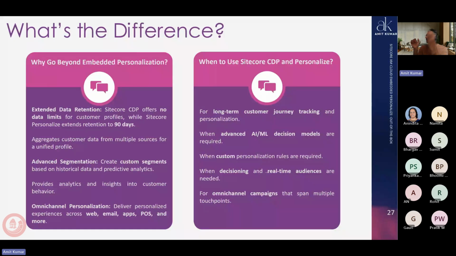And one more good thing is that you can create your own custom rules in Sitecore Personalization and CDP, and you can push those into Sitecore XM Cloud so that your content author can easily use them. That is also possible when you buy the CDP and full-fledged personalization license.